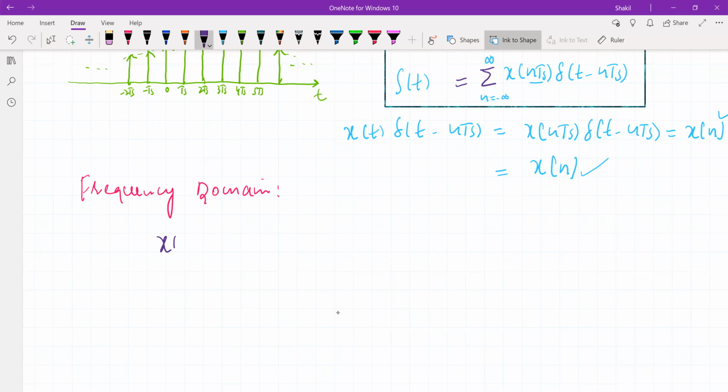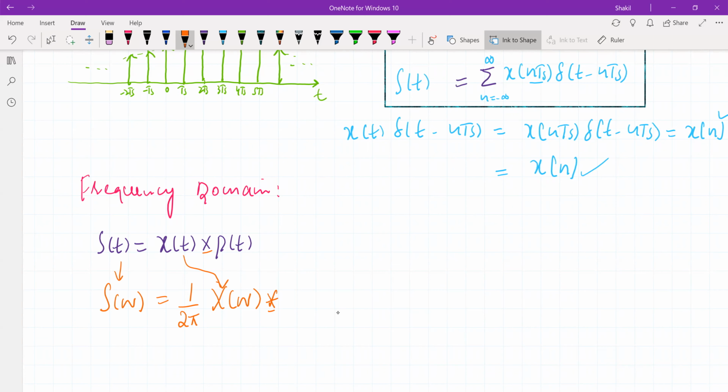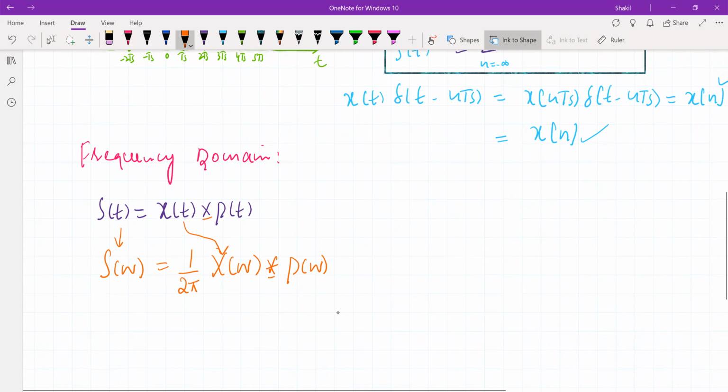Here the signals are multiplied in time domain, so in the frequency domain they will be convolved. So s of omega, the frequency domain representation of s of t, is the convolution between X of omega, the Fourier transform of x of t, and P of omega.